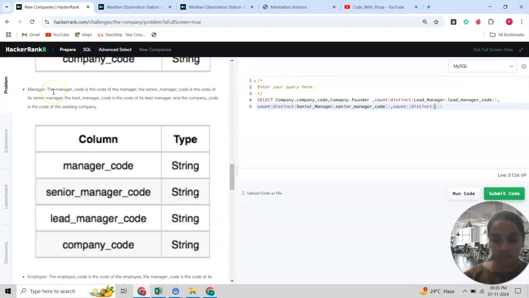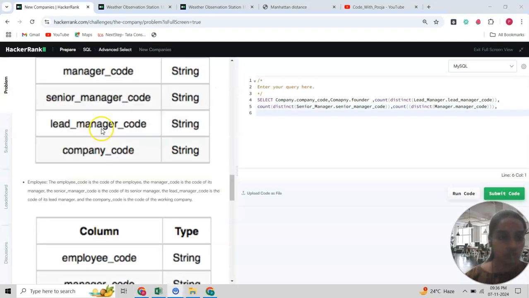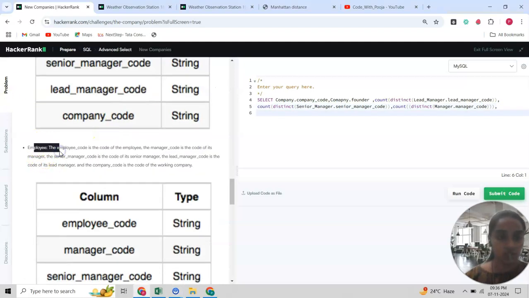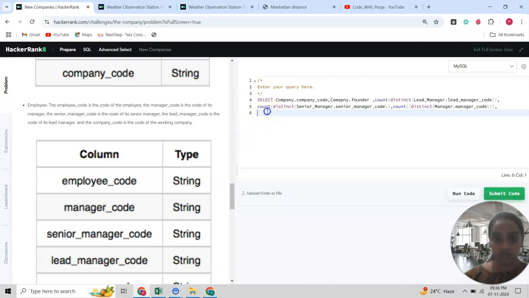Managers come from the manager table, so manager dot manager code. After the manager code they ask for the employee, so count distinct employee code. So this is the thing that we have to give in the output, but from where?